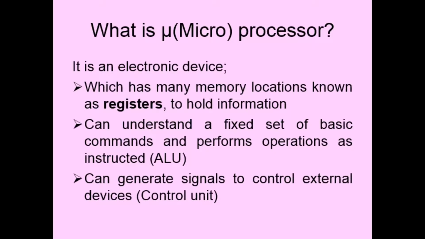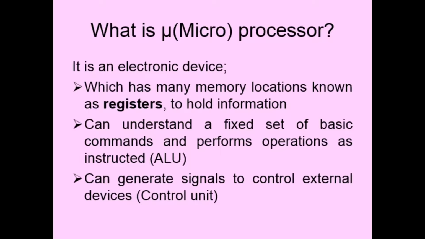Next, it can generate signals to control the external devices, which is the control unit. So the microprocessor has a control unit, and what is the function of the control unit? When I connect my microprocessor to an external device, for example, I connect my laptop to a machine, that machine can be controlled by using my laptop. How?